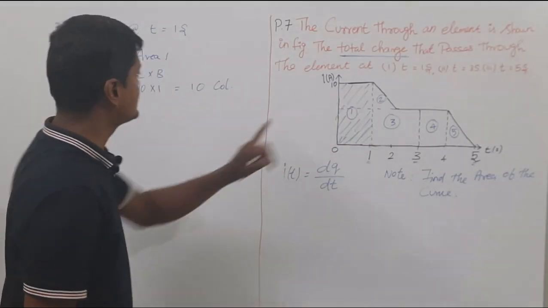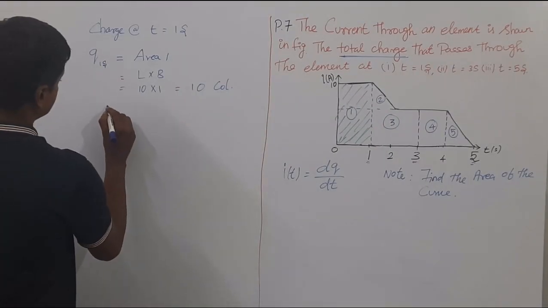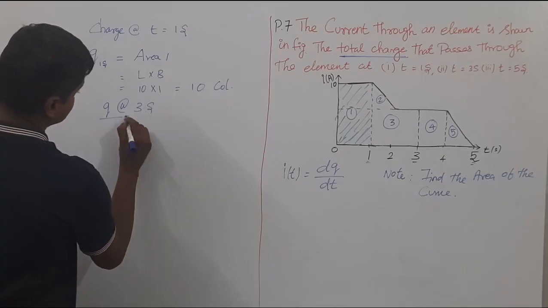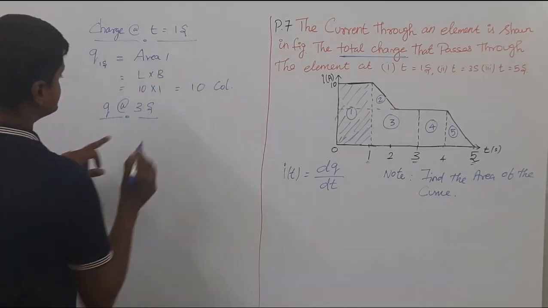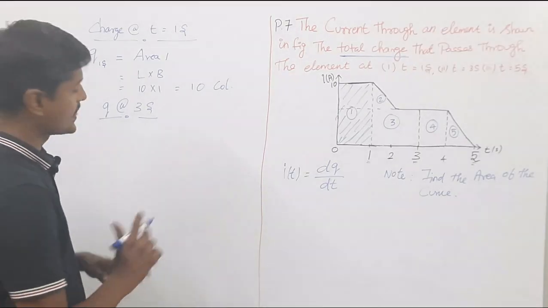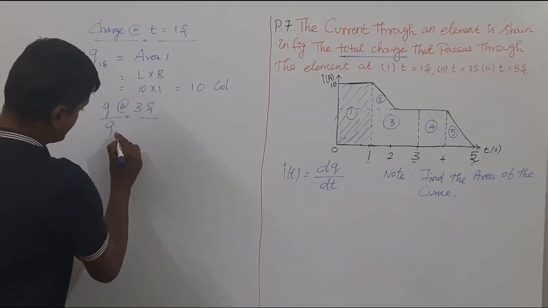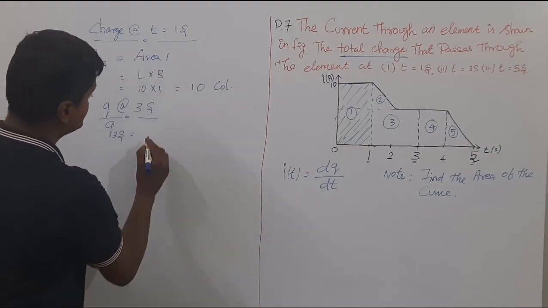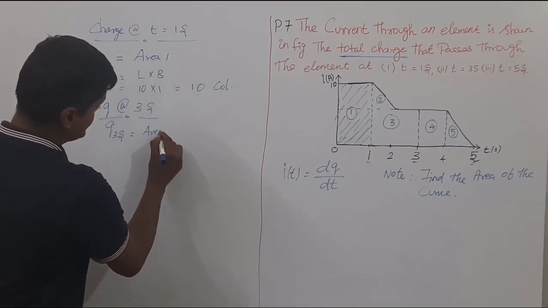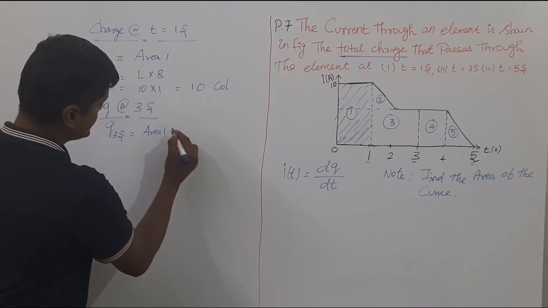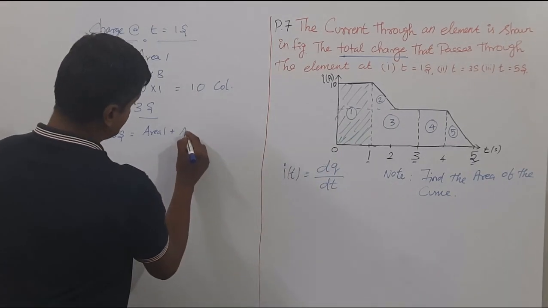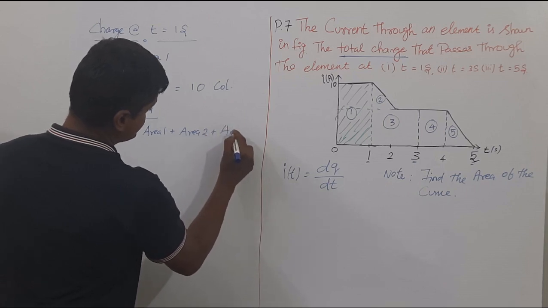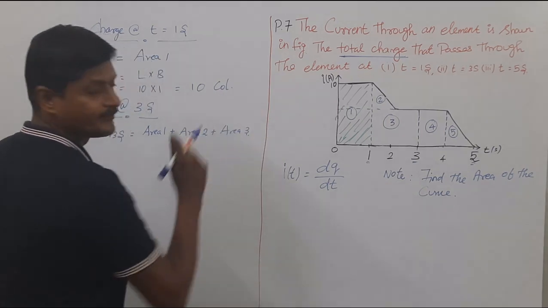So next we need to find charge q at 3 seconds. This is the charge at 1 second. This is the charge at 3 seconds. So Q at 3 seconds is equal to, we know the area already, simply area of 1 plus area of 2 plus area of 3.